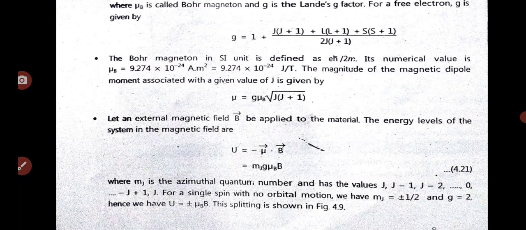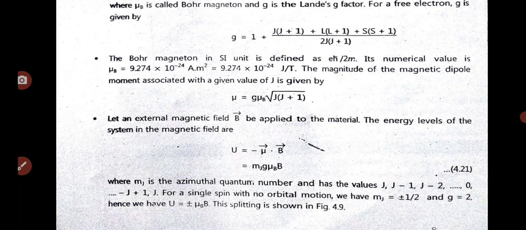So g is equal to 1 plus [J(J+1) plus S(S+1) minus L(L+1)] divided by 2J(J+1). This formula gives the Landé g factor, and here J is the total angular momentum. We take the values and calculate the Landé g factor with the formula above.